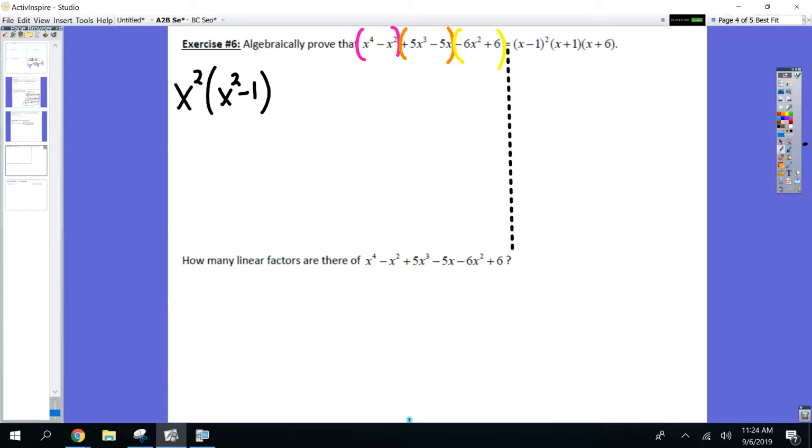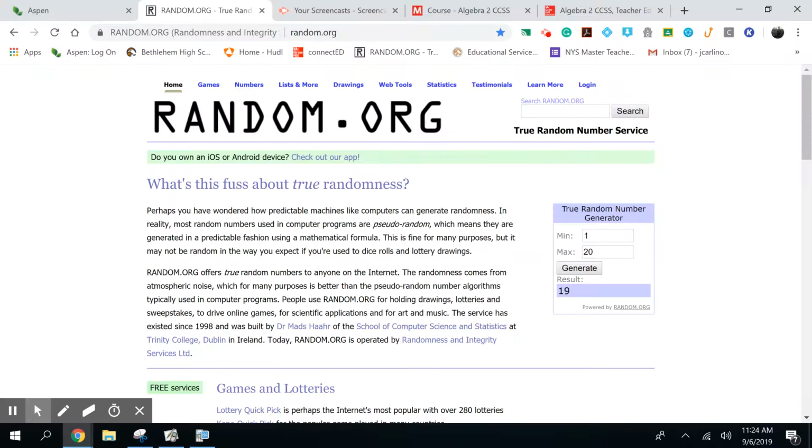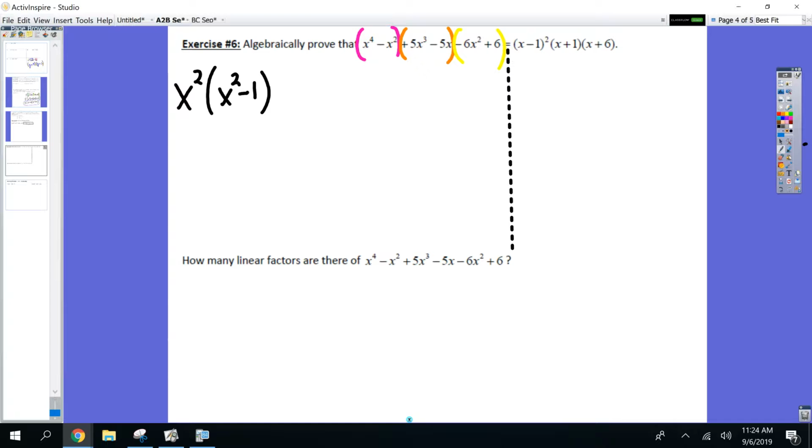Everyone all right with that? On to the next one. The next group, what do you want to take out? Took out a positive 5x. And what were you left with? You know what you should be left with in the last one then.